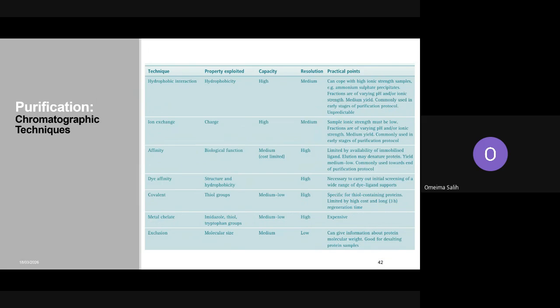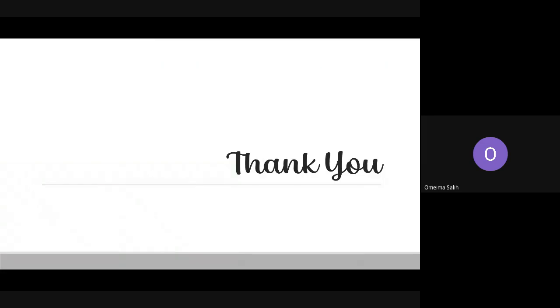But this one depends on the solubility of the protein in the mobile phase, so that it can move on the stationary phase. So these are the different types of chromatography. It depends on your research question and the physical and chemical properties of your protein to select the specific method you want to use. Thank you.